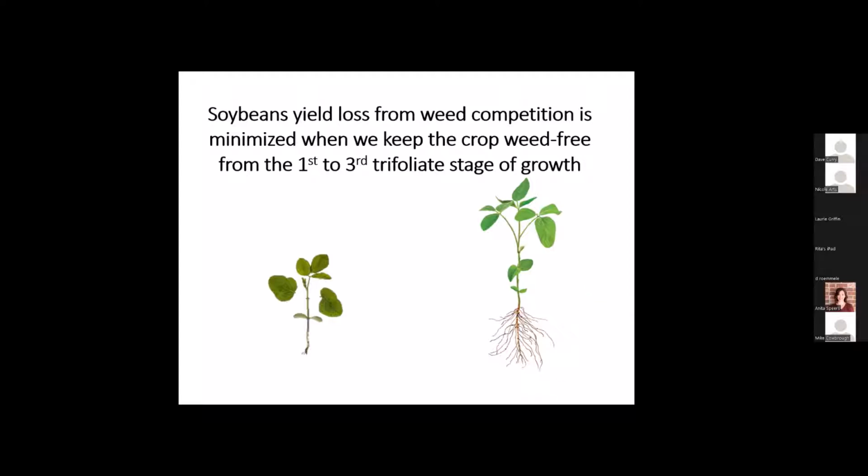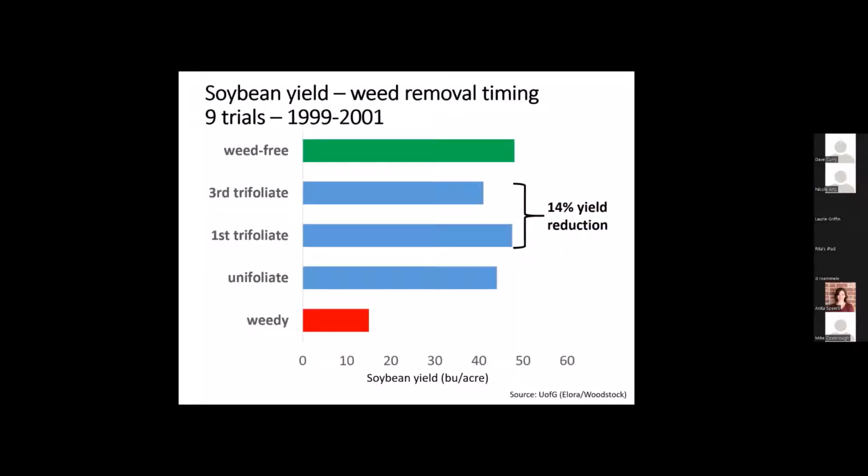Now if we look back at weed removal timing studies in Ontario, they clearly show why that critical period has been defined. So, if we look at the turn of the century, the work that was done on herbicide tolerant soybeans, this is 9 trials at Elora and Woodstock, certainly there's tremendous value in removing weeds, right? We see over 70% yield loss from doing nothing, basically, compared to when we keep the soybean crop weed free.